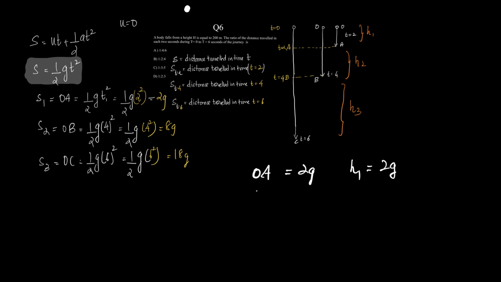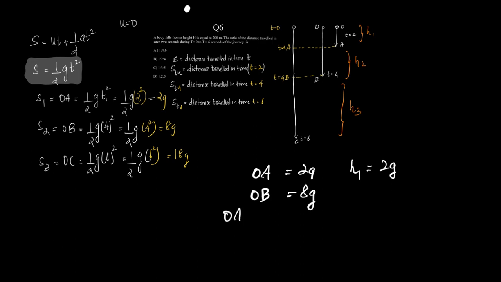Now, if OB is equal to 8G, what does that imply from the figure? OB is H1 plus H2. So OB is OA plus AB, which is equal to 8G.